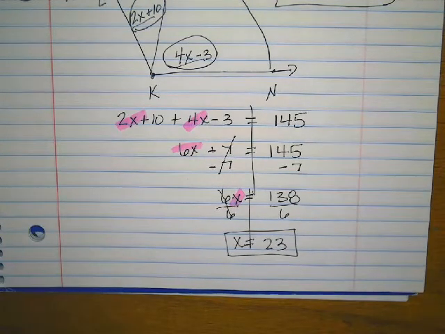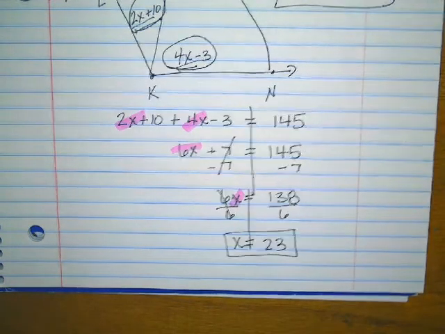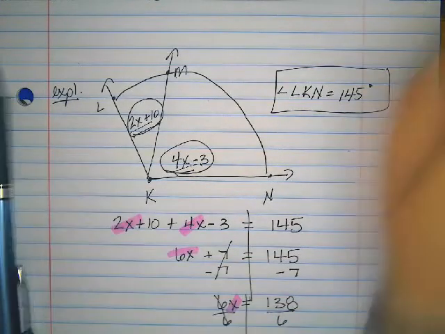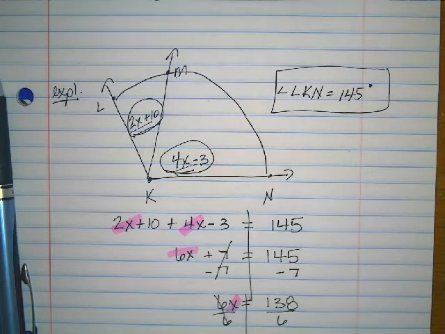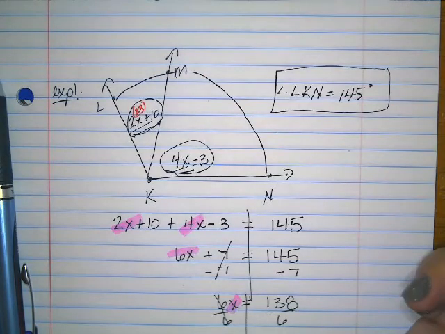Okay. And in this problem, let me double check what they asked for. They asked us to find what these two little angles are. So I know that x is 23, but that's not my answer. They're actually asking us to know what these angle measures are. So I've got to put 23 back into my answer up here.